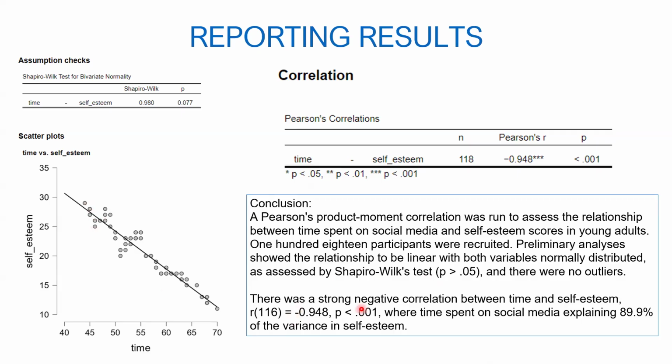There was a strong negative correlation between time and self-esteem, wherein we have the parameters R of 116 is equal to negative 0.948, and the p-value is less than 0.001, with time spent on social media explaining 89.9% of the variance in self-esteem. So this is how we come up with our conclusion or interpretation, with the use of the Pearson product moment correlation using JASP.